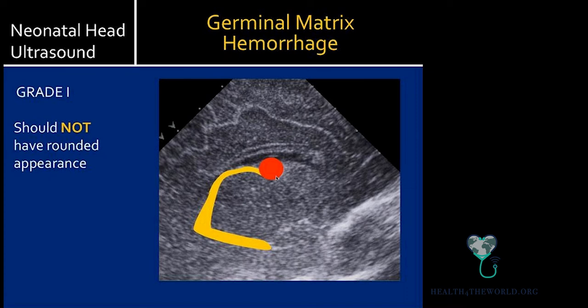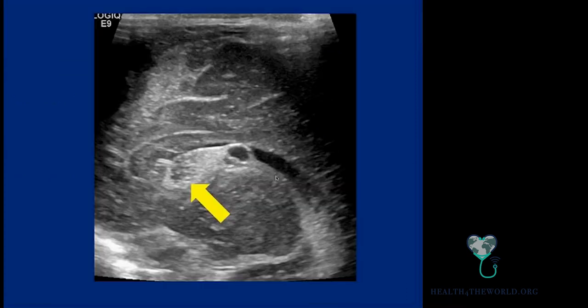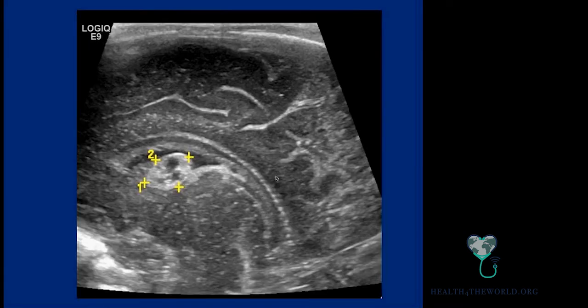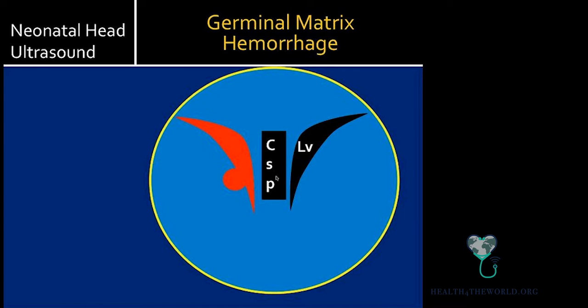This is what a grade 1 looks like. You'll see a little bit more cystic change; it will start to become more than a purely echogenic area, a more mottled area that has little cystic changes inside of it. So, that's a grade 1.